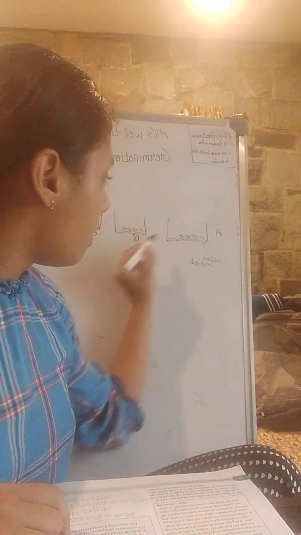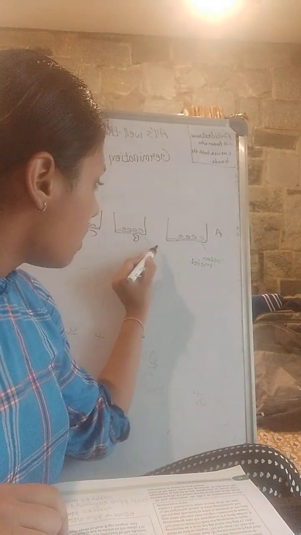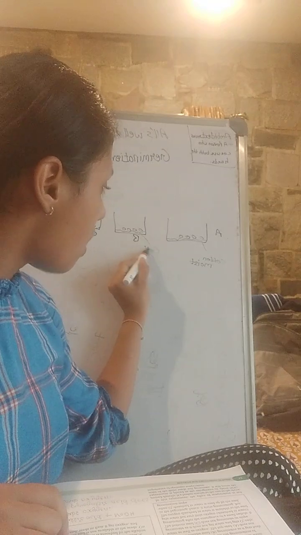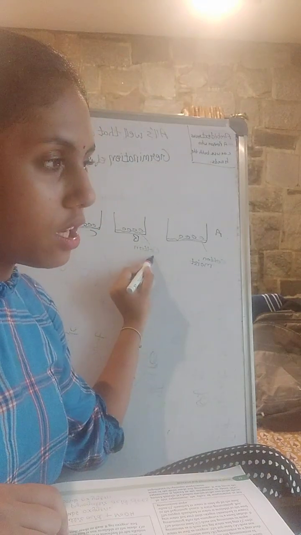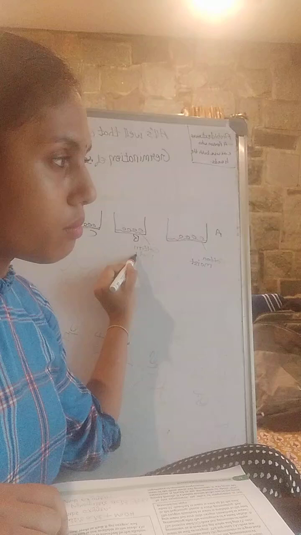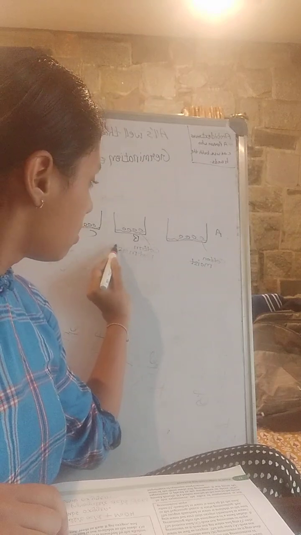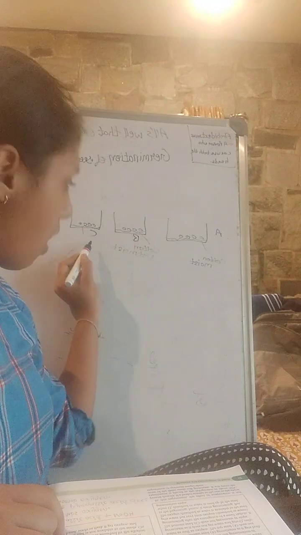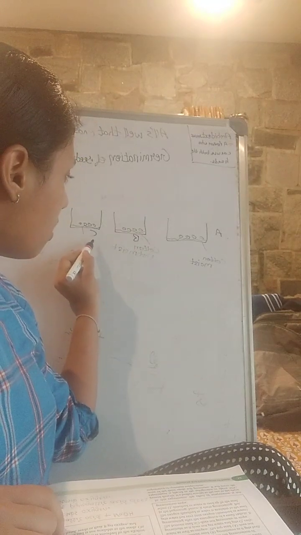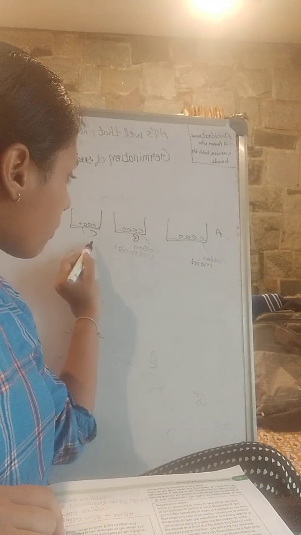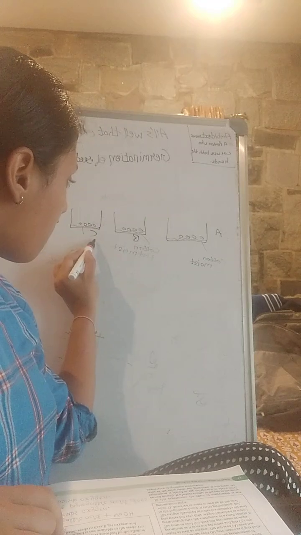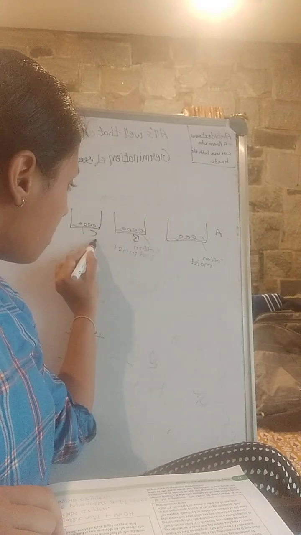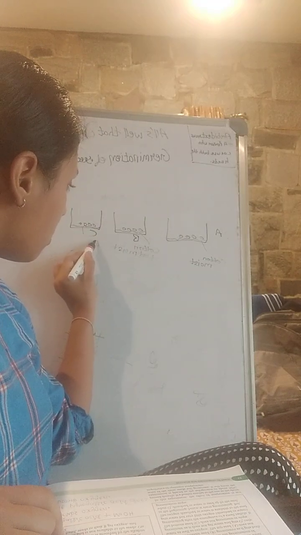In petri dish B, the cotton will not be moist. In petri dish C, the cotton again will not be moist.